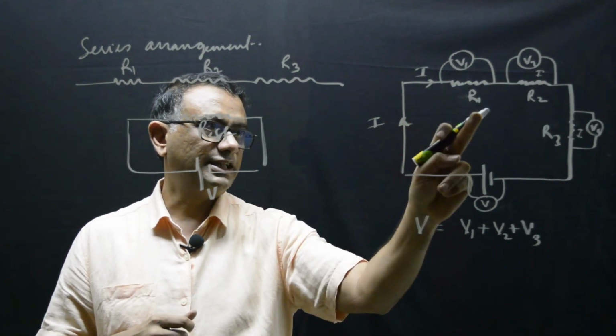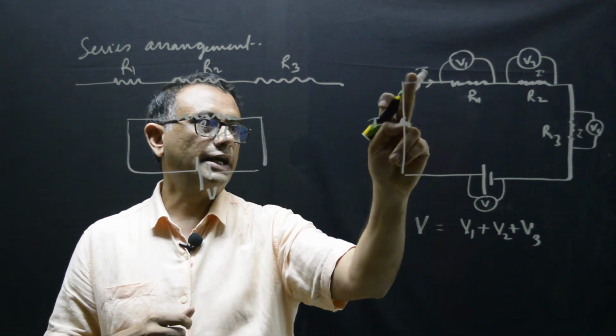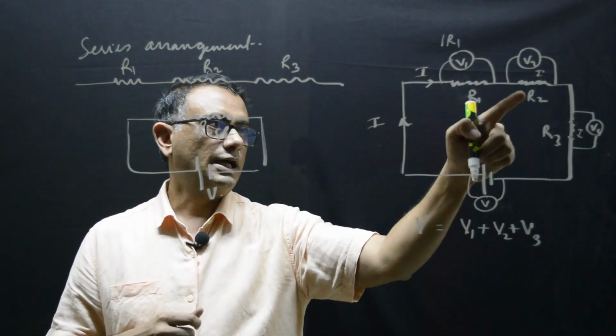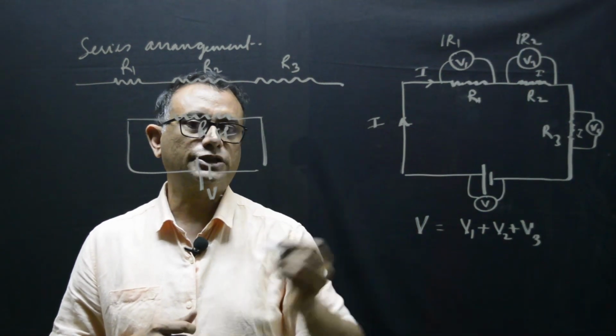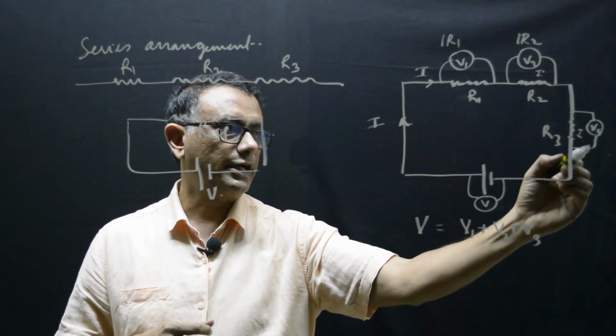So this potential drop V1 is nothing but I into R1. This potential drop V2 is nothing but I into R2. We are using Ohm's law, V is equal to IR. And this potential drop is nothing but I into R3.